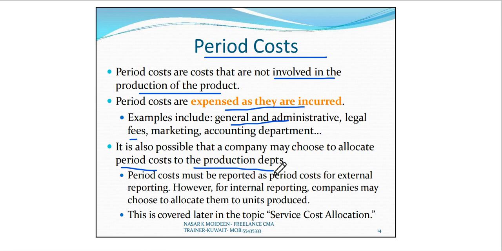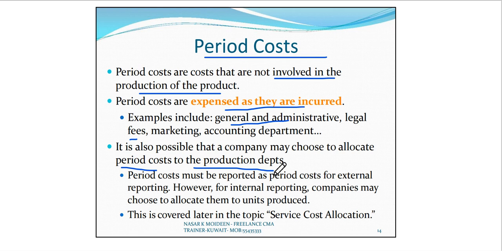So we will end up with this total cost and we will add a percentage. But this is not accepted as per the standards. It is only for internal purposes. You cannot show this cost as manufacturing cost or product cost in your books as per IFRS or US GAAP. As per the standards, you cannot do that. But for internal analysis purposes, you can do that.